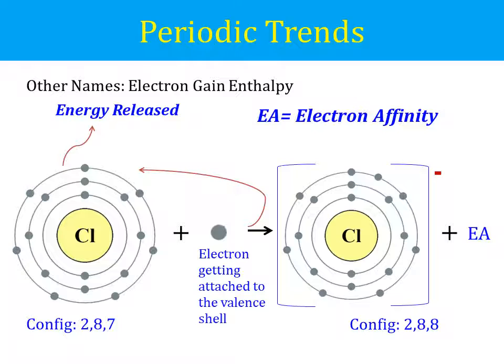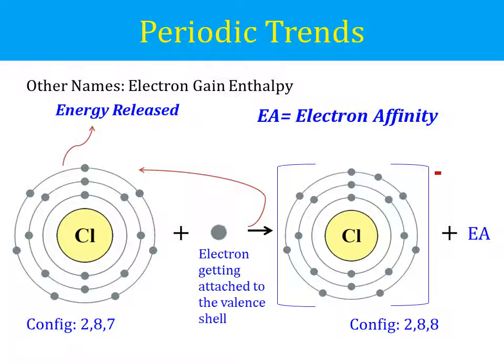So this sort of relationship exists between ionization potential and electron affinity. All right. I hope that what electron affinity is has become clear to all of you. Electron affinity is also known as electron gain enthalpy, or sometimes written as electron enthalpy. Electron gain enthalpy and electron affinity are all the same thing.